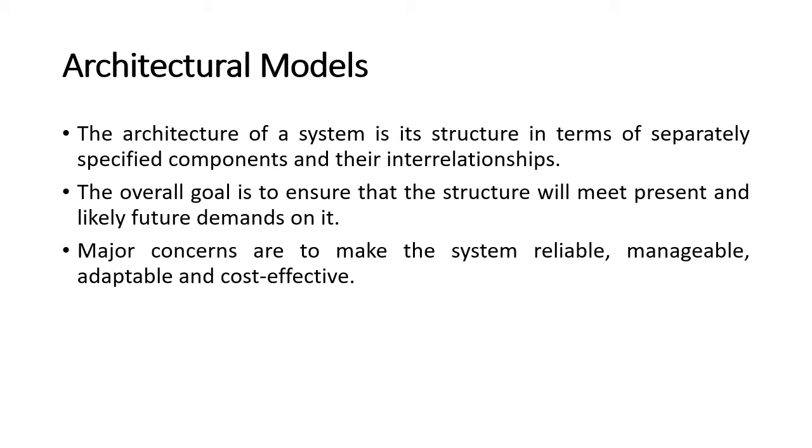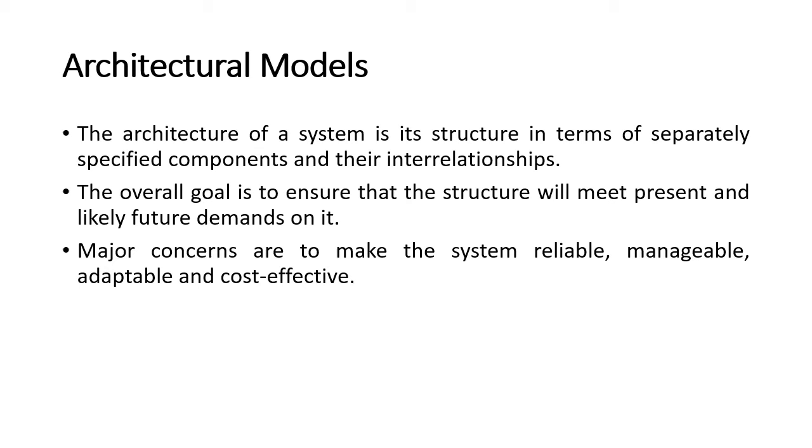The overall goal of an architectural model is to ensure that the system will meet present and likely future demands. The present demand should be met, and it should also keep in mind the requirements arriving in the future and be able to handle them efficiently.